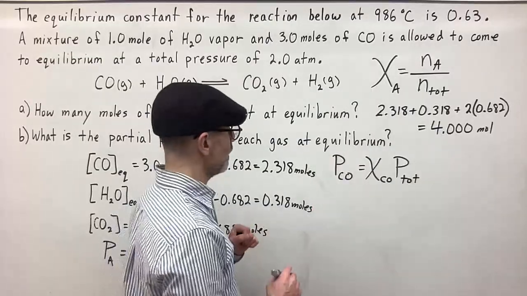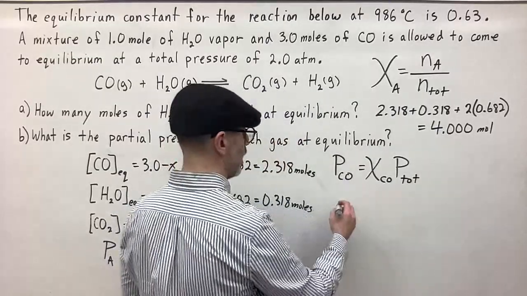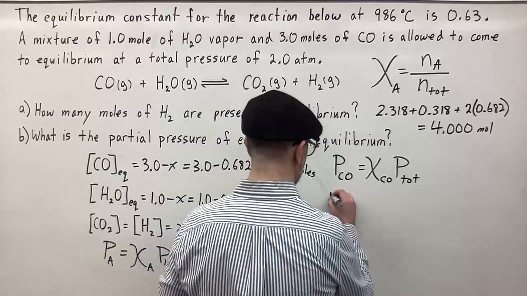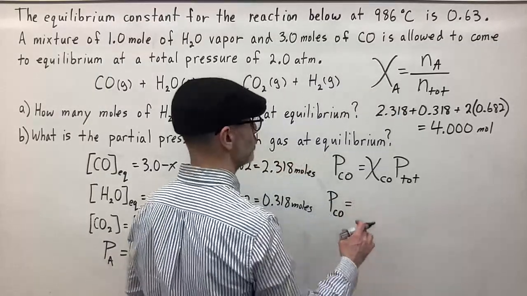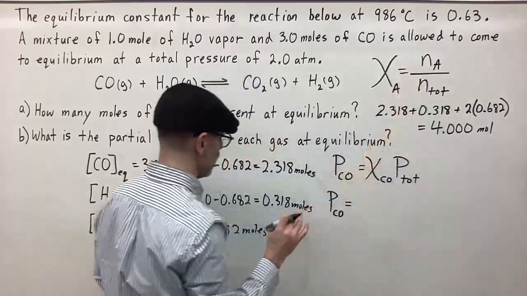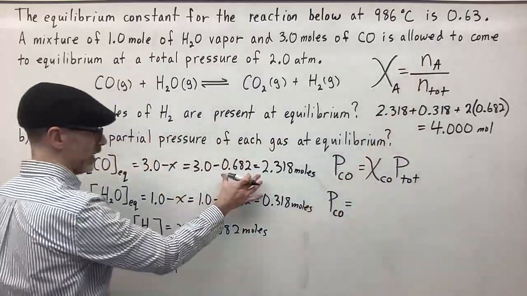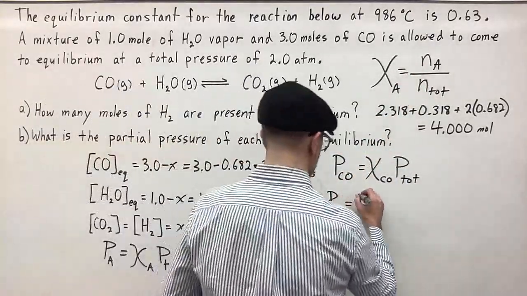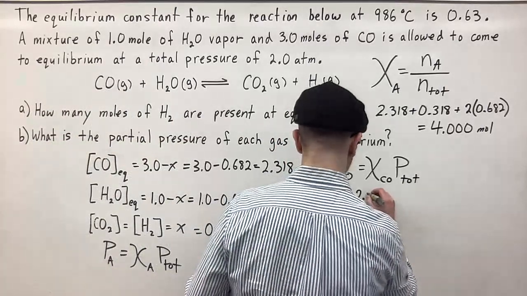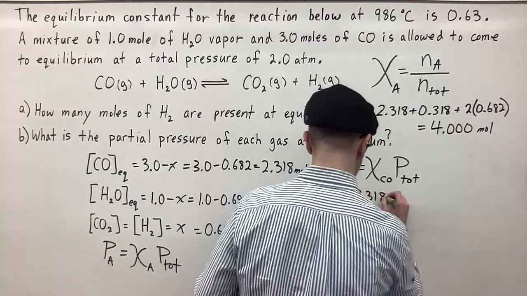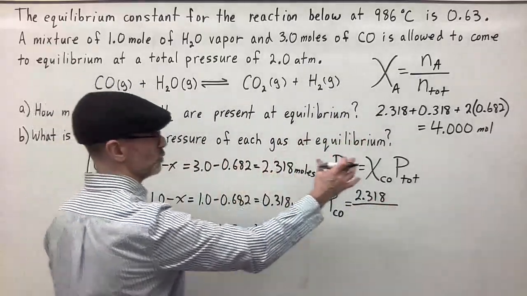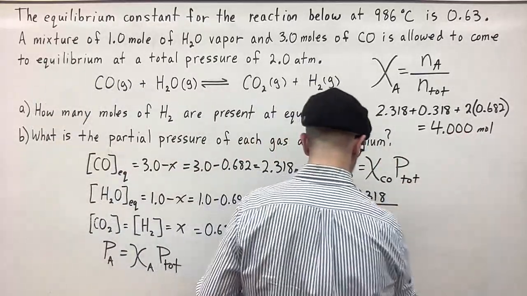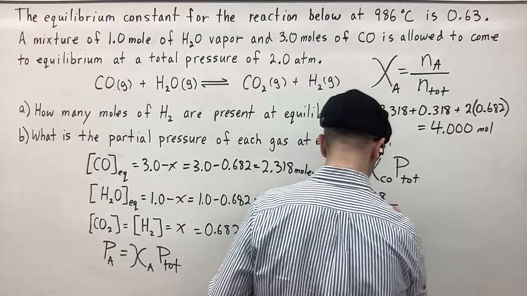And so now I'm going to take the mole fraction. So this one's going to be, again, the partial pressure of CO is equal to the mole fraction, which is the moles of CO, which is right here. So we're going to take 2.318 divided by the total moles, which we said was 4.000.